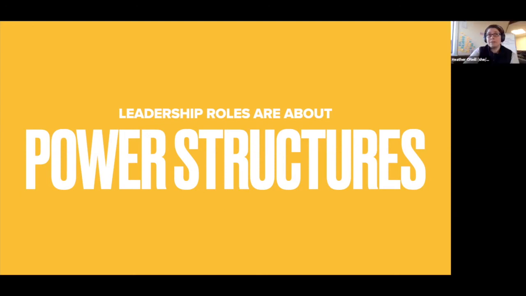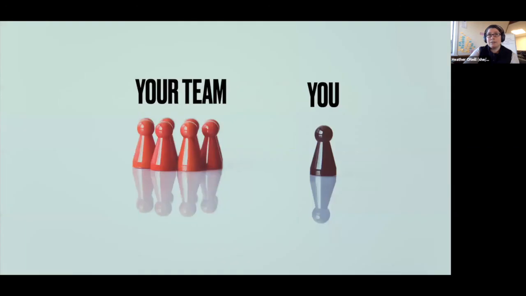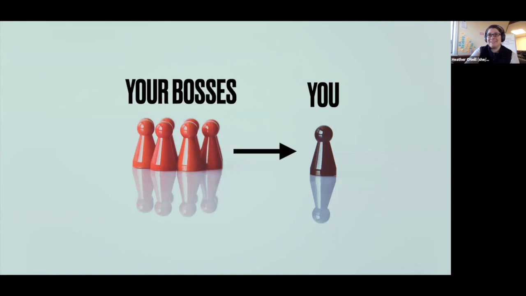So yeah, we've been talking about power structures, and when we think about leadership, a lot of times it's like you and then you have this team, and the power comes from you at your team, right? And I also think you get stuck in the dynamic that if you're not the head of the whole company, then you have your bosses coming at you with their power.